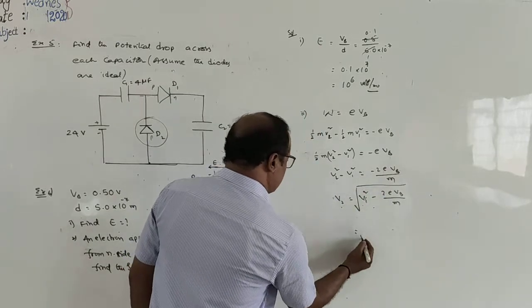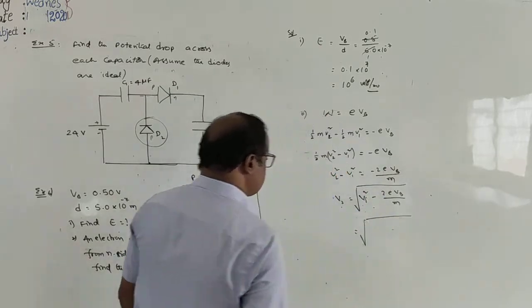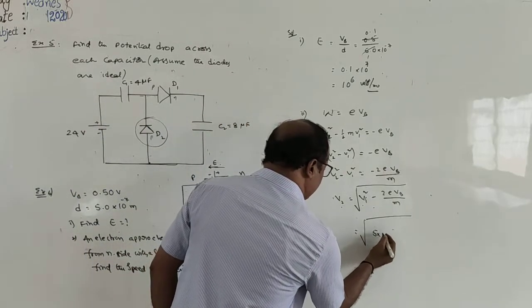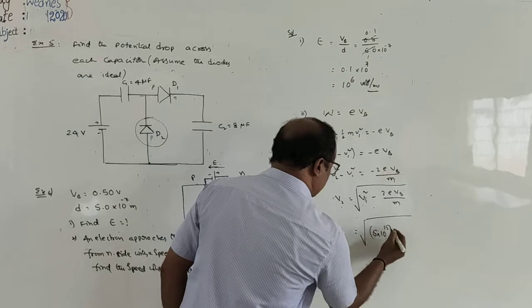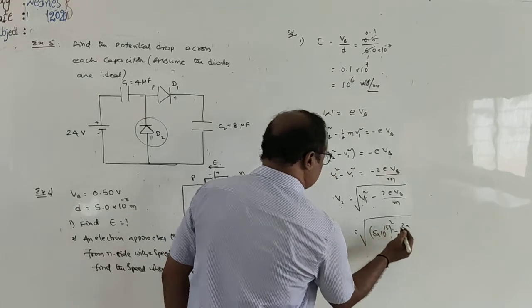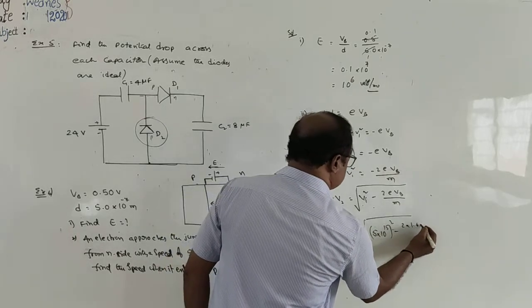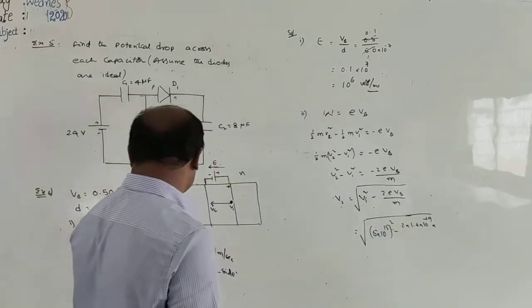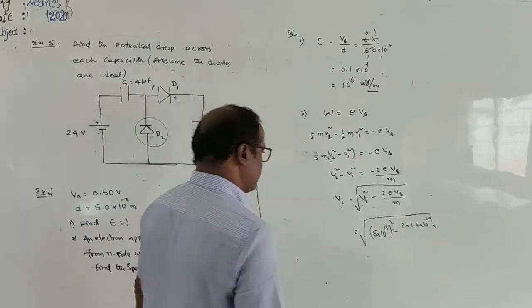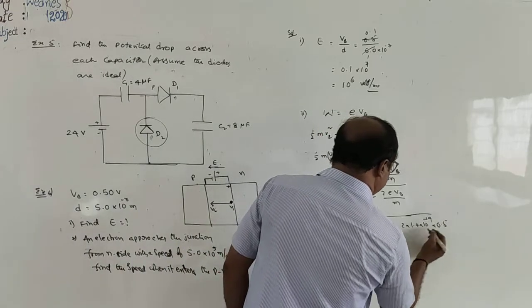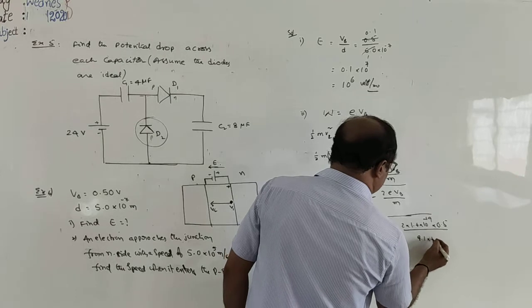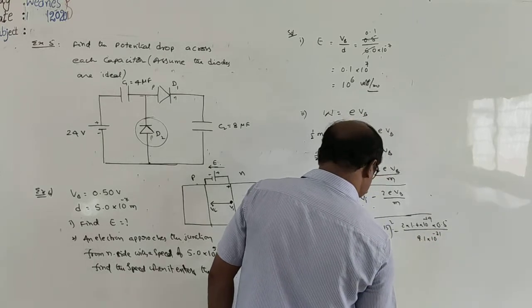So this is equal to the root of v1 square, where v1 is 5 into 10 power 15, whole square, minus 2 into the charge of electron 1.6 into 10 power minus 19 into Vb. Vb is the forward potential, 0.5 volt, divided by the mass of electron, 9.1 into 10 power minus 31 kilograms.